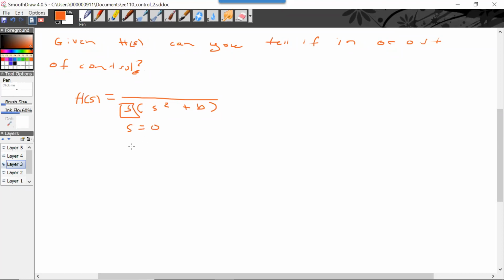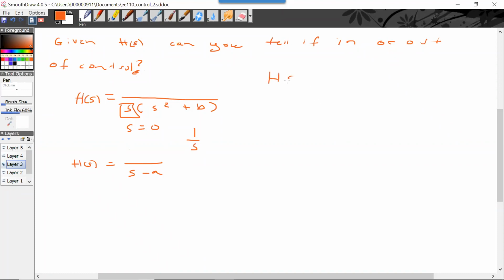So that's fairly easy to see. So things like 1 over s, other first order things, you can tell that to make this 0, a has to be positive. So that's easy to tell, right?